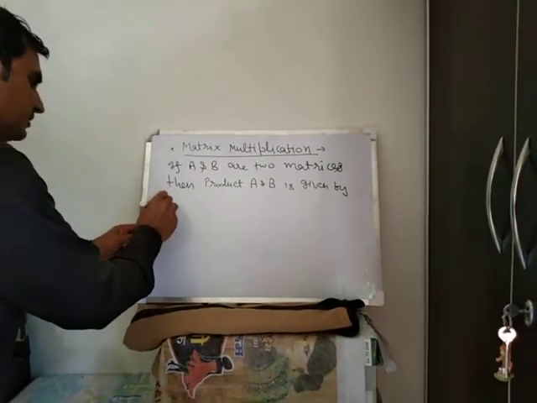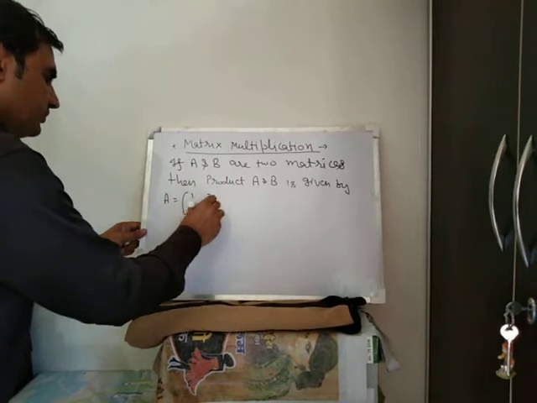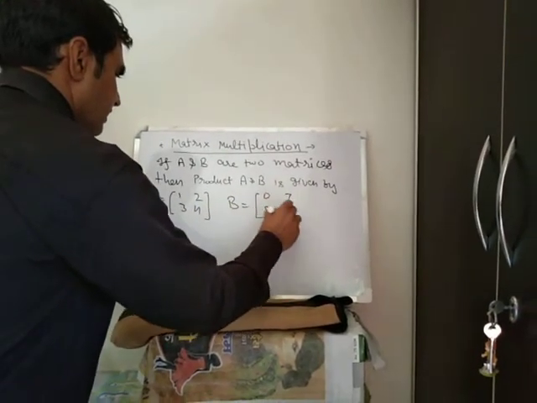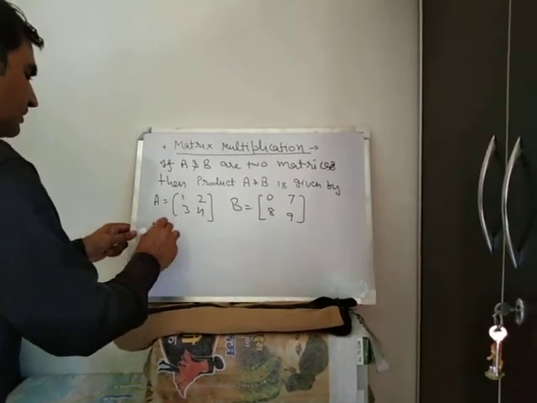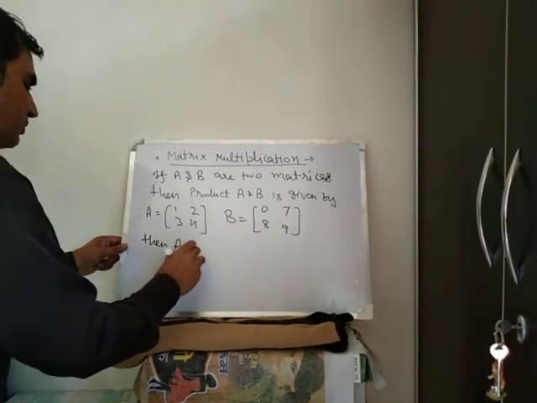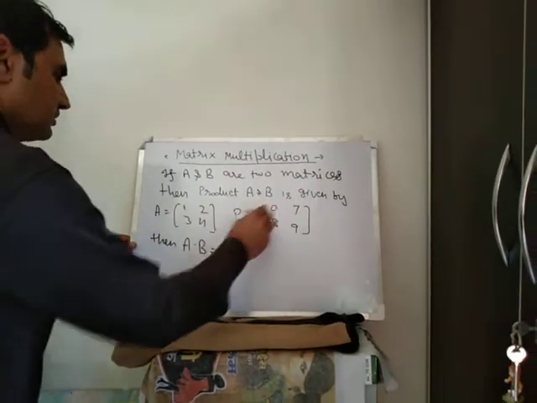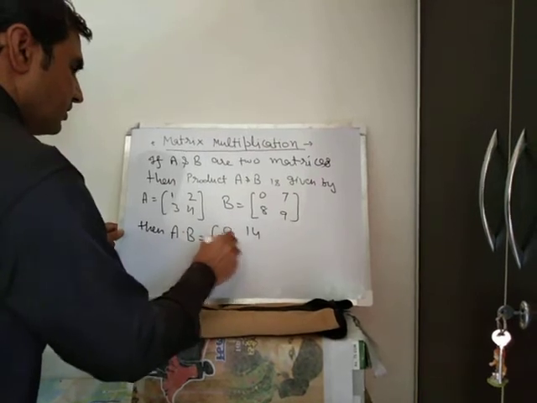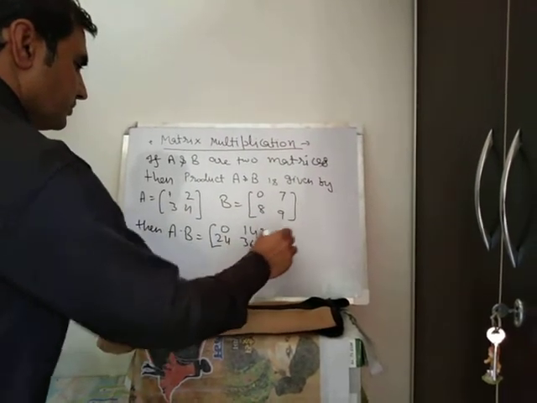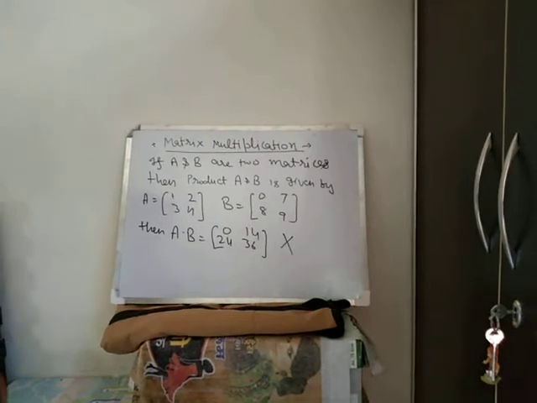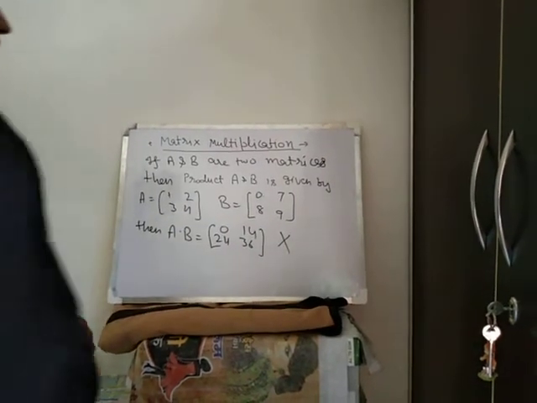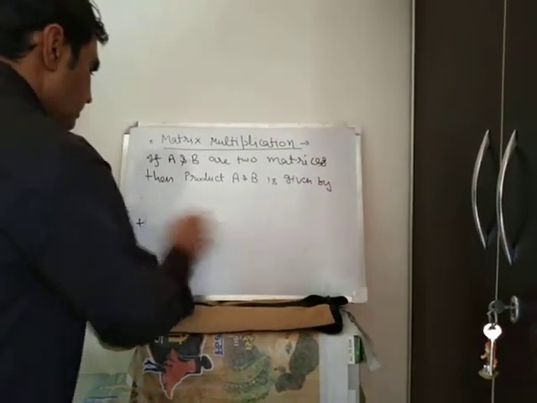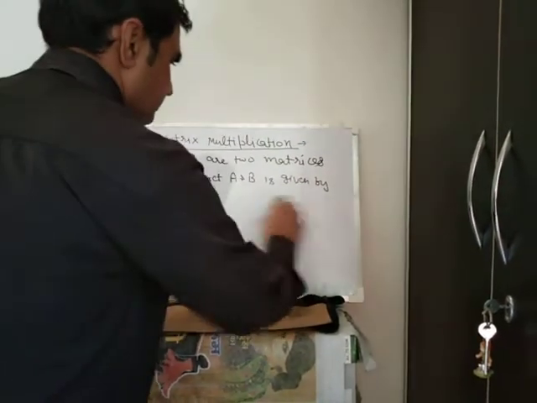We can say if A is 1, 2, 3, 4 and B is 0, 7, 8, 9, then like A plus B, for A into B you may think 1 into 0, 2 into 7, 3 into 8, 4 into 9. No, this is wrong. You must follow some instruction.